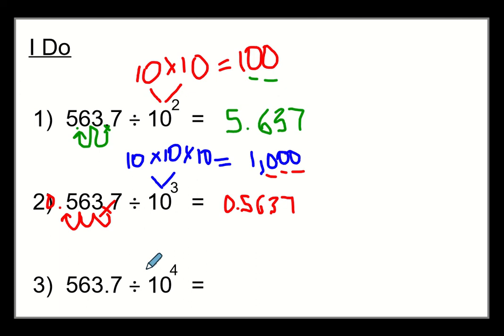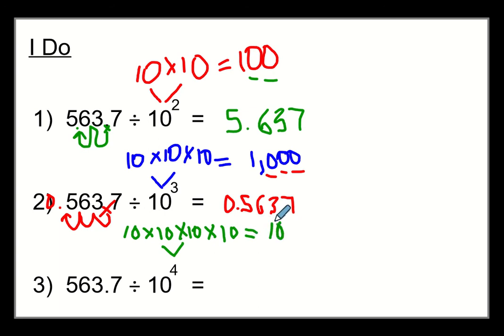Next, we have 563 and 7/10 divided by 10 to the fourth power. And I can again note that 10 to the fourth power is really the short form of saying 10 times 10, which equals 100, times another 10, which equals 1,000, times another 10, which equals 10,000.